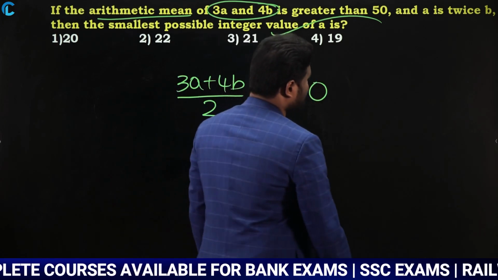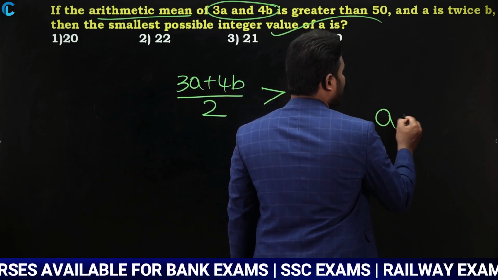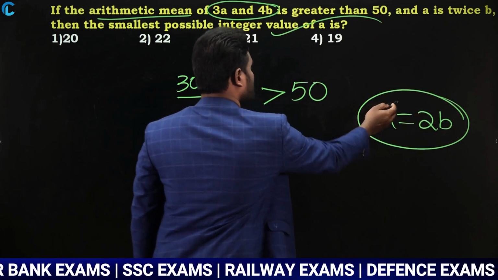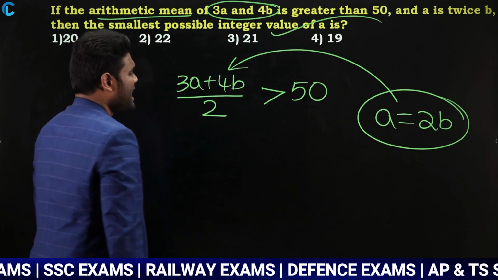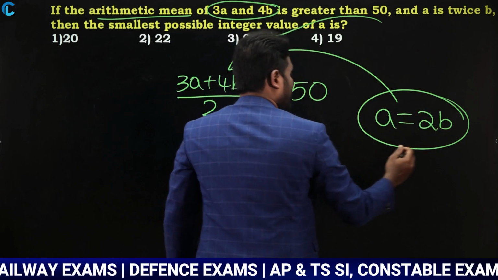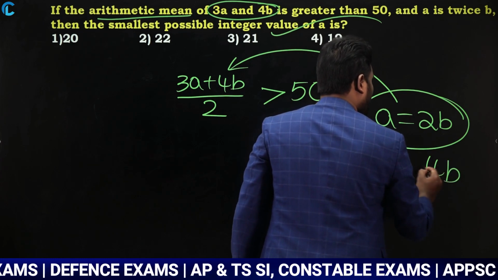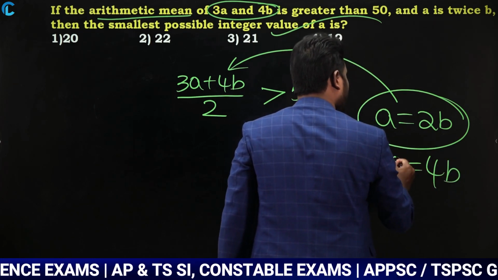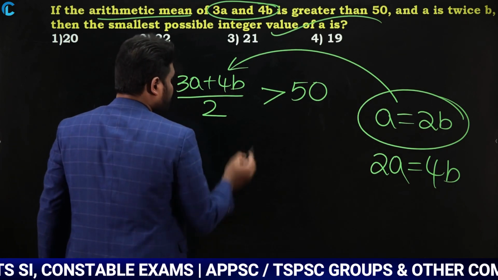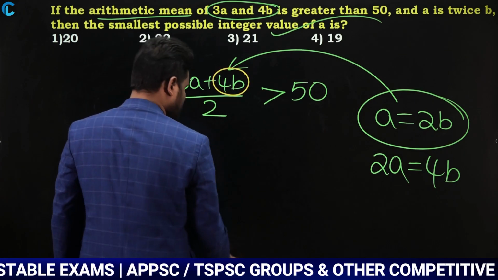It is also mentioned that a is 2 times b. Yes or no? As a is 2 times b, now 2b is nothing but a. Then 4b, can I say it is 2a? Yes or no? 4b is 2a, which means in place of 4b, I can replace it with 2a.